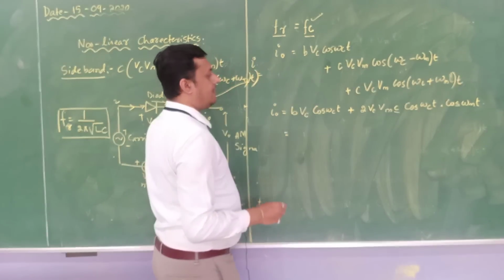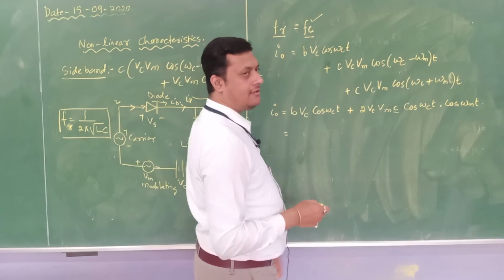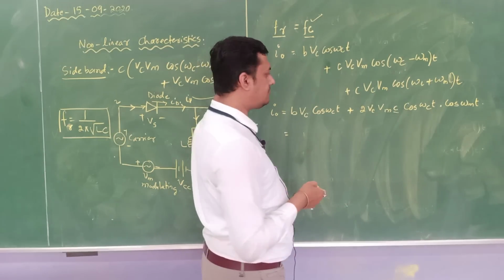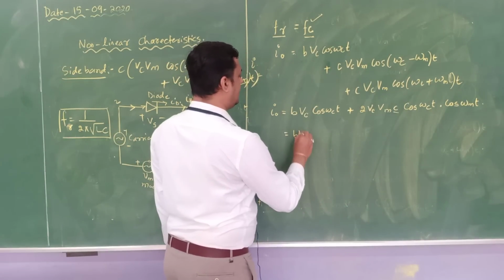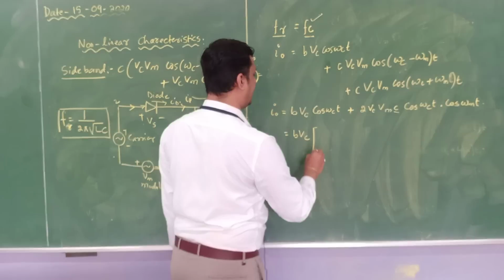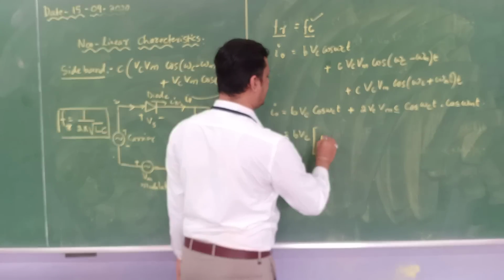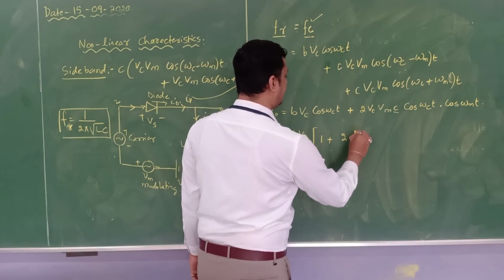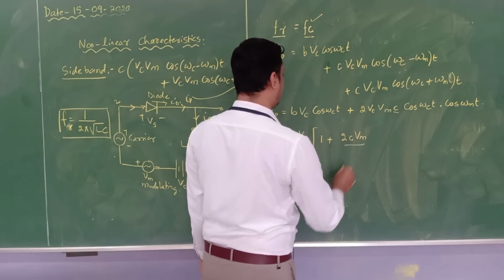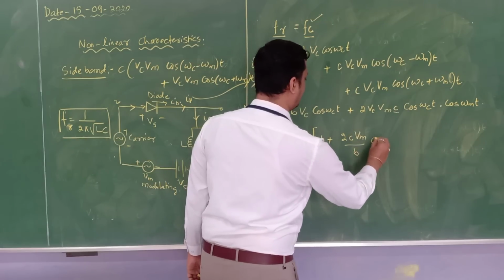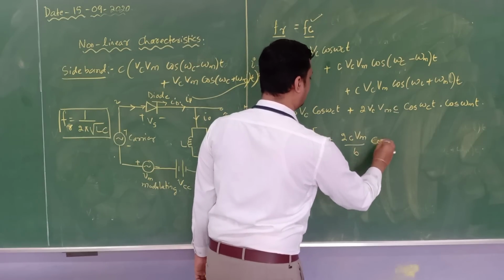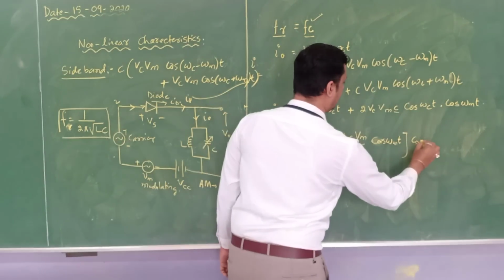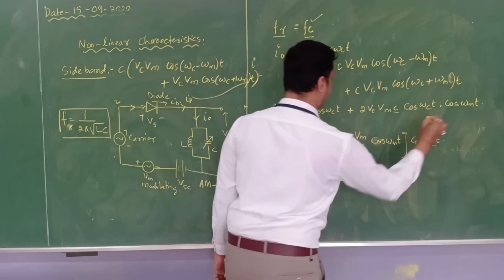Now in this, if I take Vc cos omega Ct as common, I will get 1 plus 2C into Vm divided by V cos omega mt, whole into cos omega Ct.